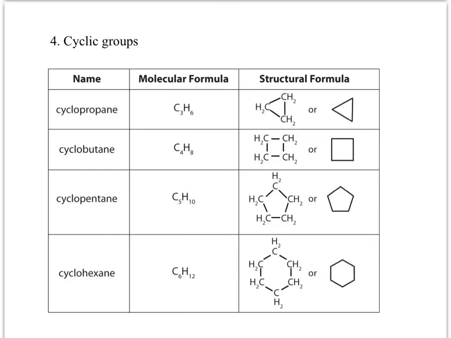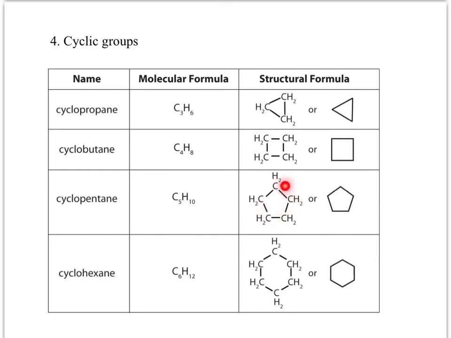But if you've got C3H6, you could draw the linear molecule with the double bond, but there's also this cyclic structure. So you've got 3 carbons in a ring, and it's CH2 at each point in the triangle. And then the representation is just this triangle. All right, then you have cyclobutane. It's got 4 carbons. We represent it by a square.